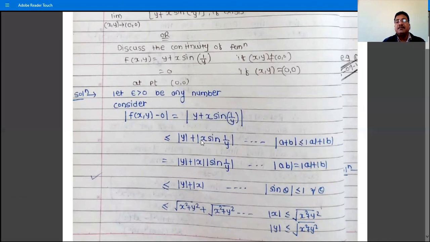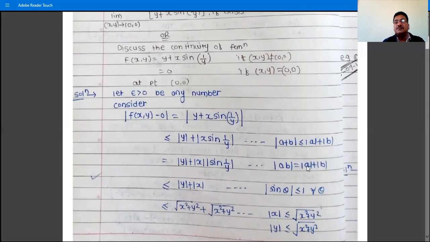So mod y plus mod x sin 1 by y. And mod a into b is equal to mod a into mod b, not plus, never a plus sign. Mod a into b is what? Mod a into mod b. So the next step is equal to, don't write less than or equal to, mod y plus mod x mod sin 1 by y, separating the mod.